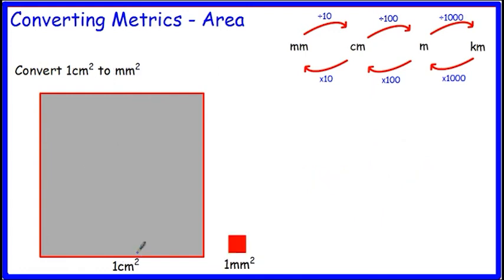Now, when I'm dealing with millimeters, same idea. I should know that 10 millimeters is equal to 1 centimeter. But how many millimeters squared are in a centimeter squared? I've got 10 across the bottom, 10 up the side.